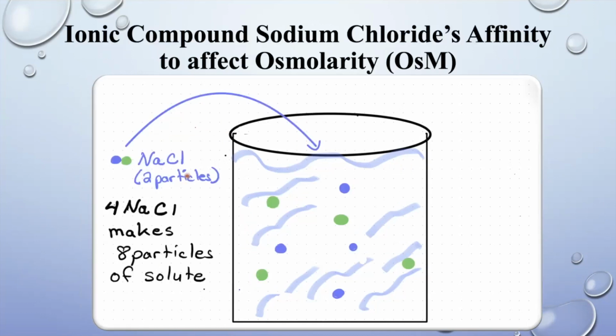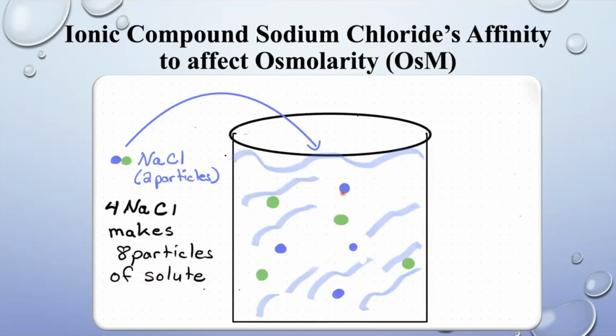All righty, sodium chloride. Here's your sodium, here's your chloride. When you put them into the water, it's going to make a sodium chloride solution. But the sodium and the chloride dissociate into their ions, their cation and their anion, and look at that. Wow, you have so much more. You have double the amount because it makes 2 particles. So if I were to put in 4 sodium chloride compounds, that is going to make 8 particles of solute, right?